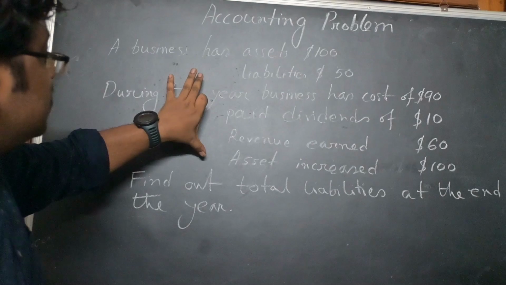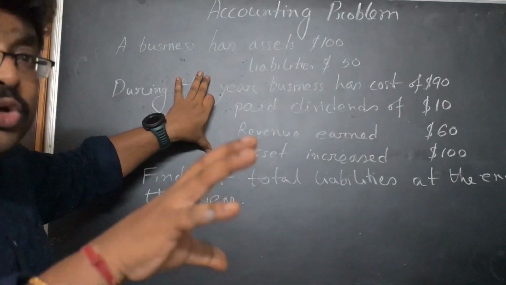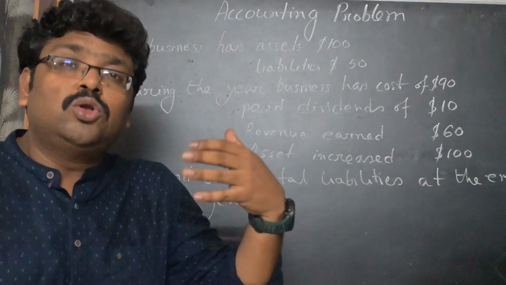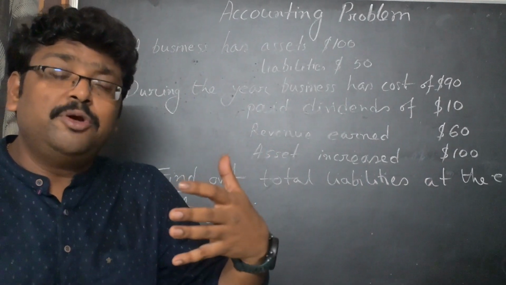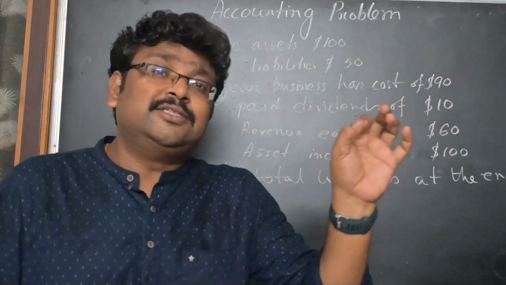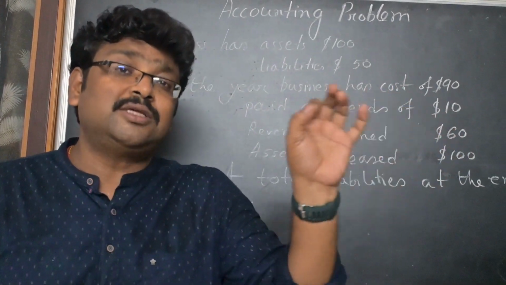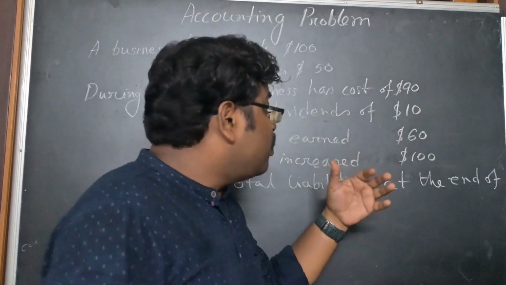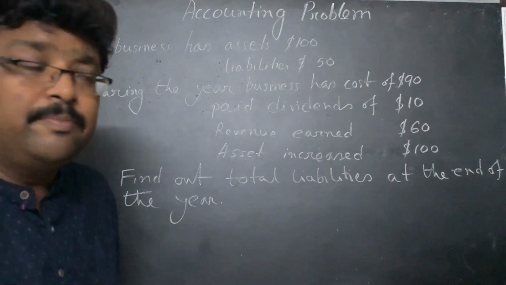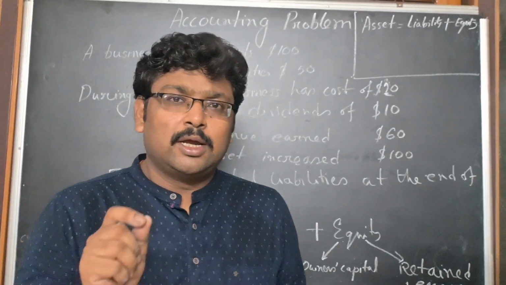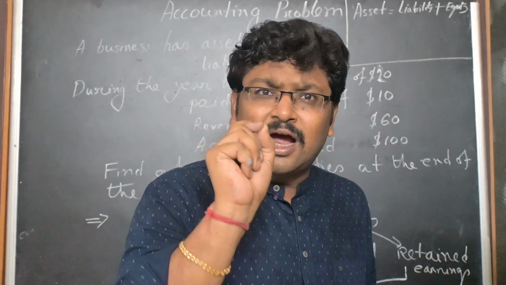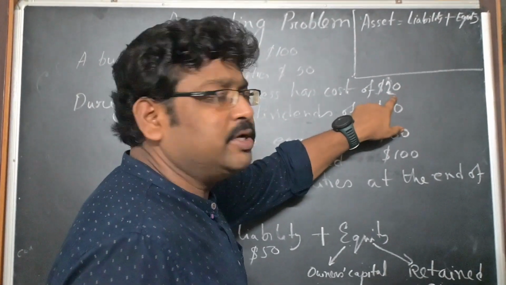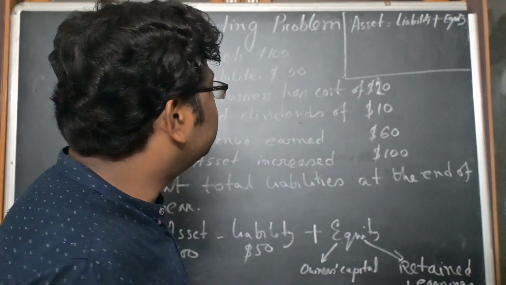At the end of the period we should have the accounting equation again. Now I will try to solve this problem. I have a little correction here: the business has a cost of $20. I have changed the number.